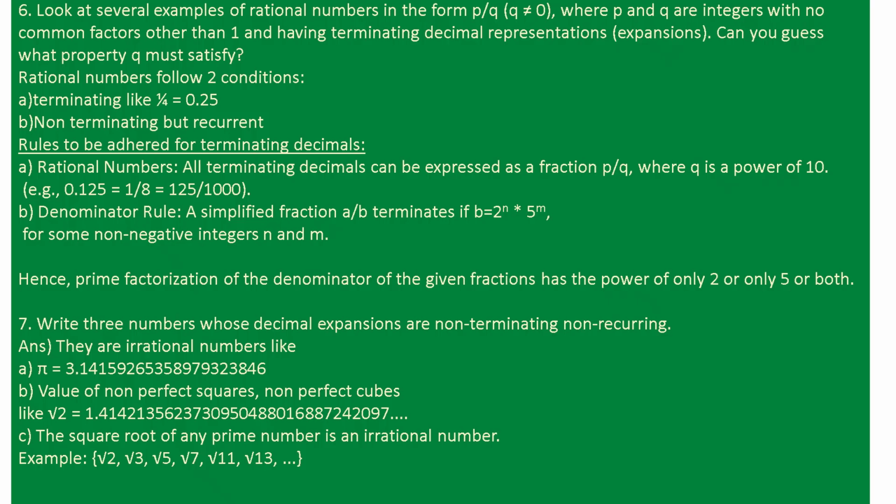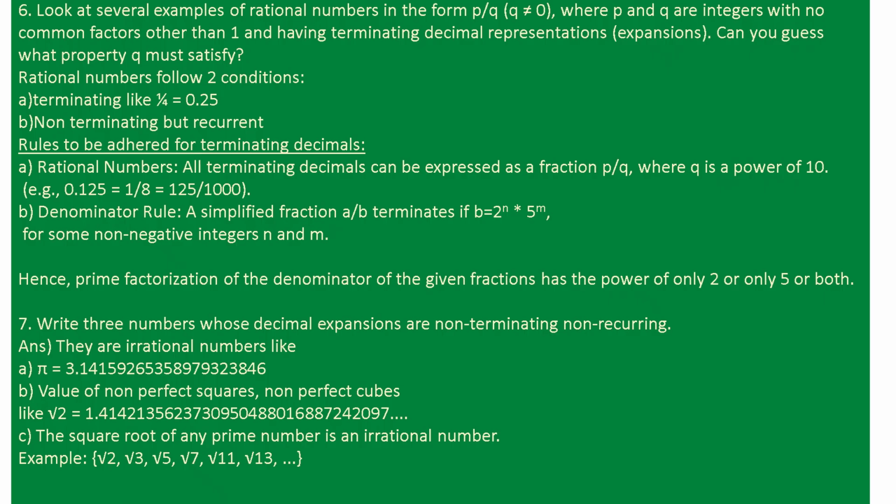So this is a definition of rational numbers when they can be represented in the form p by q, where p and q are integers and should not have any common factor other than 1, meaning p and q are co-primes.